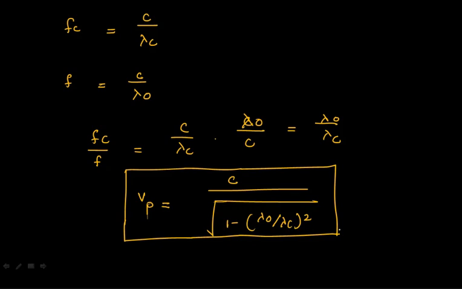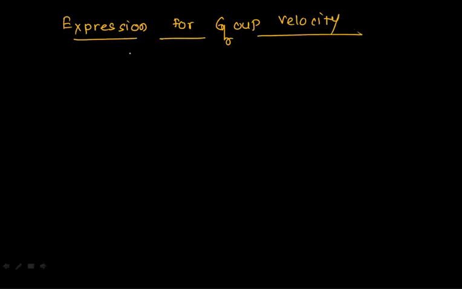Now next one is the expression for group velocity. How am I going to find out the group velocity? As we have already seen the definition, my group velocity Vg is nothing but d omega by d beta.